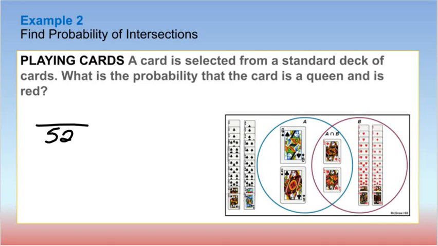There are 4 queens, and 2 of them are red because you've got a queen of hearts and a queen of diamonds. So that'd be 2 out of 52, which simplified is 1 out of 26. You could put that as a percentage, or you can keep it as a fraction. As a percent, this would be about 3.8%.